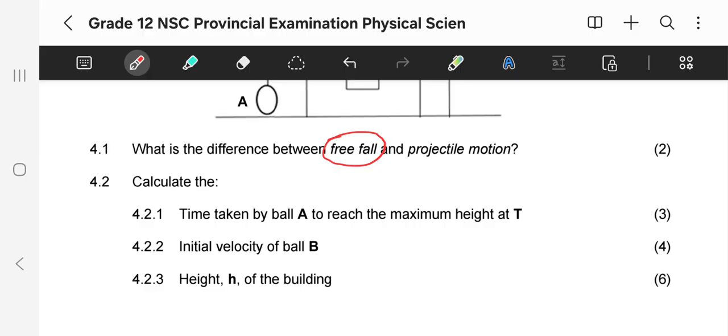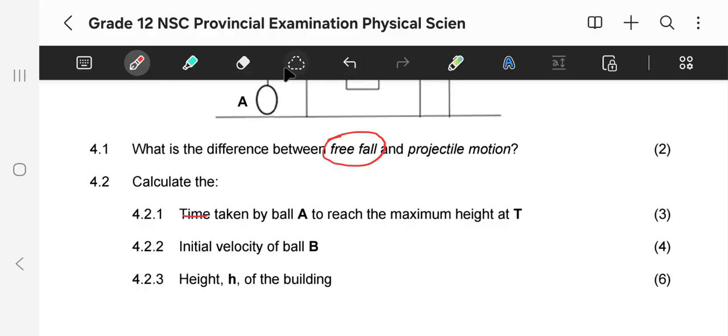4.2 says calculate, firstly, the time taken by ball A to reach the maximum height at T. So this one, guys, wants us to find what? It wants us to find time.